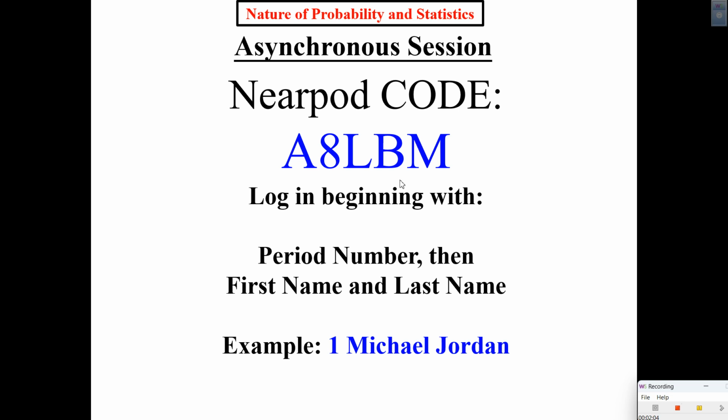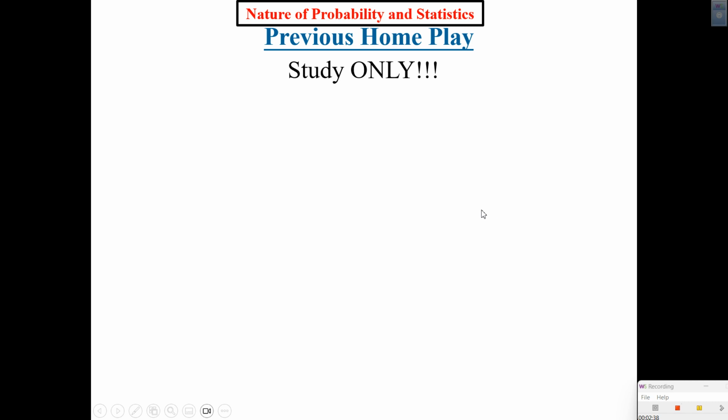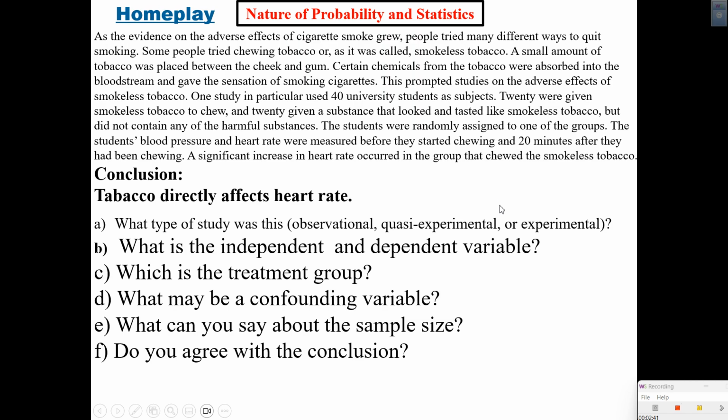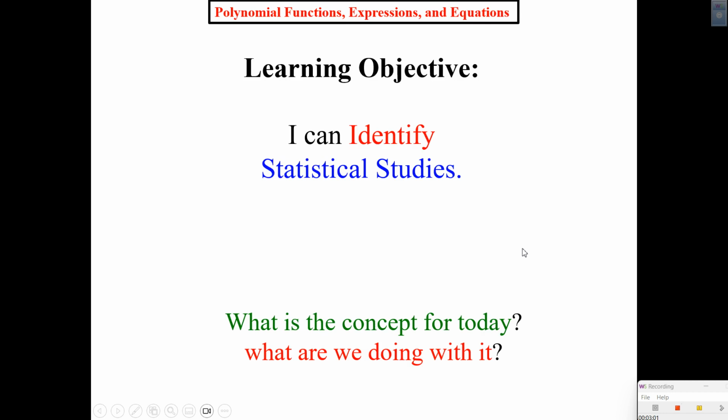And check this out. This is what it's going to look like. It's one problem. Look at it.